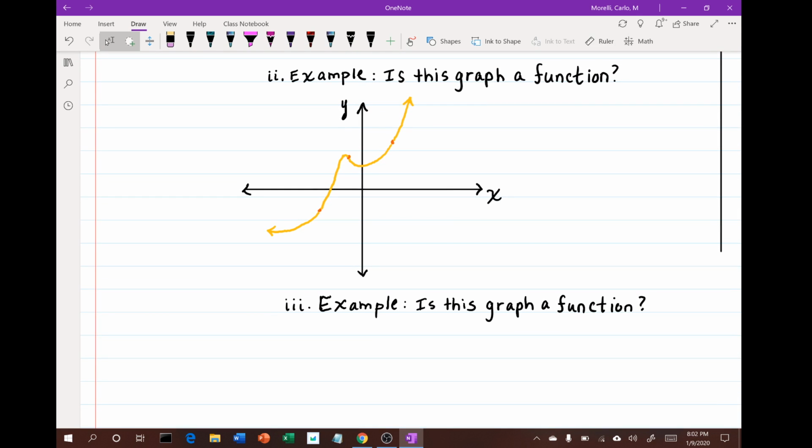Oh, this is too far to the right. Darn it. This needs to go over.